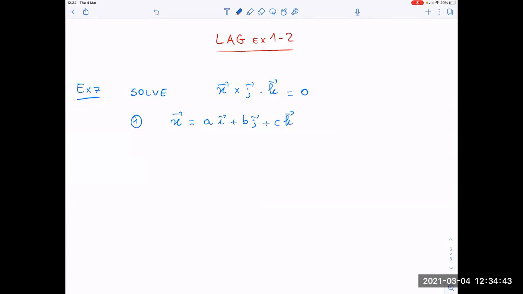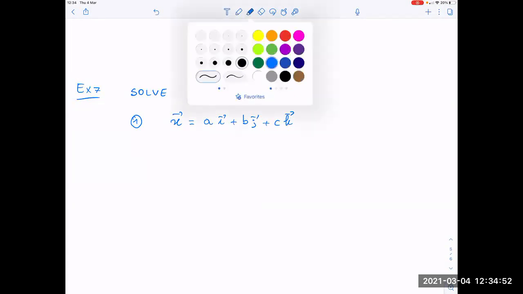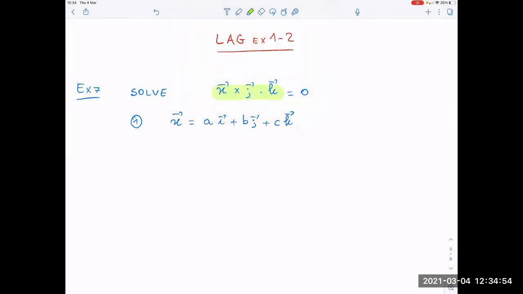So if I want to do this, I will have to go back in the expression and substitute these x. And of course, now to solve, I have to find a, b, and c. Okay? So we need to go and find a, b, and c.